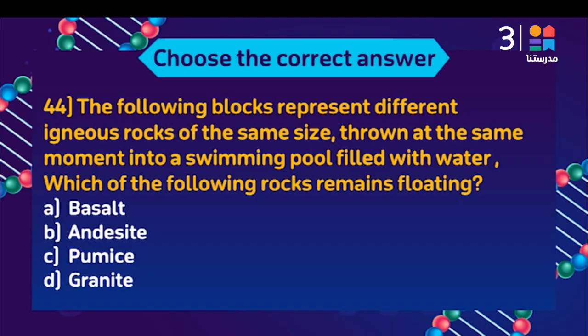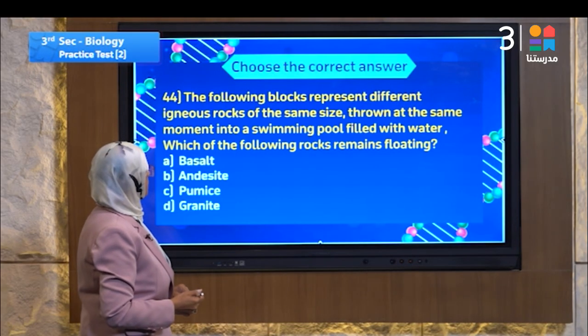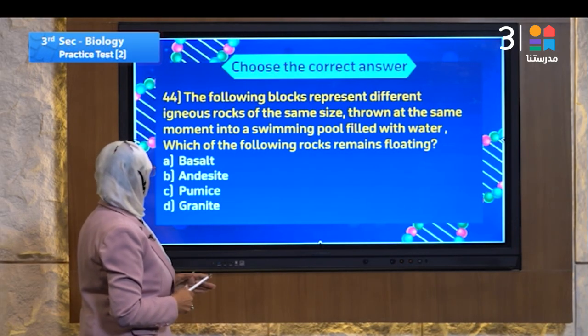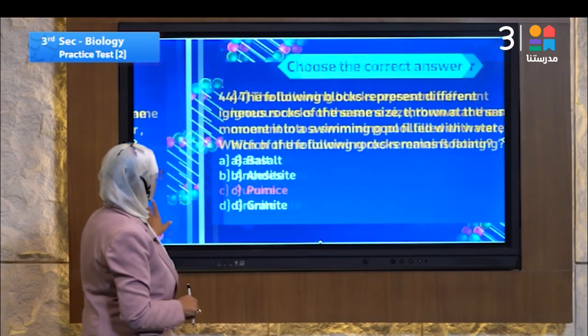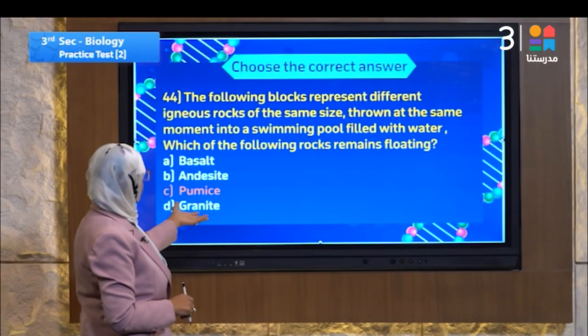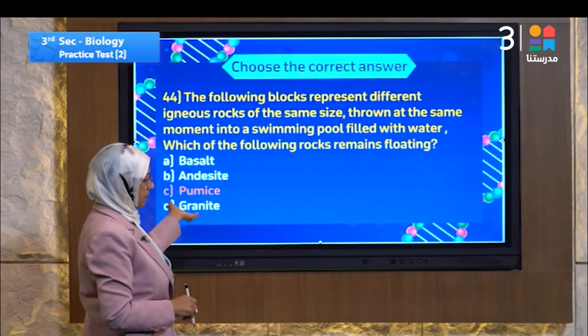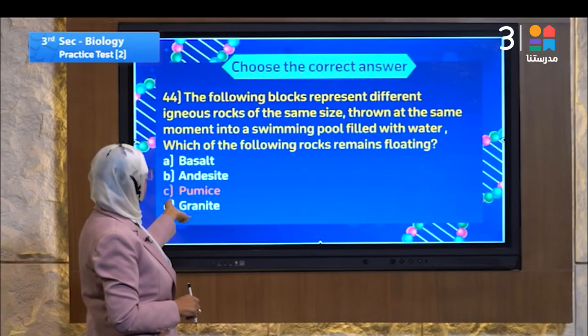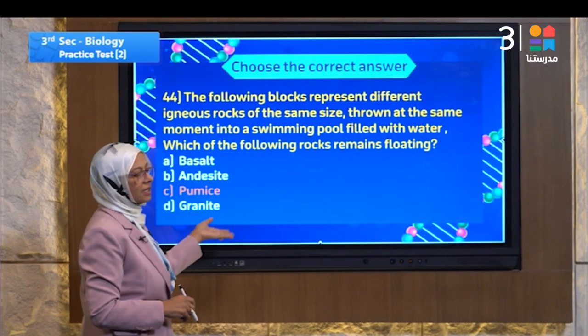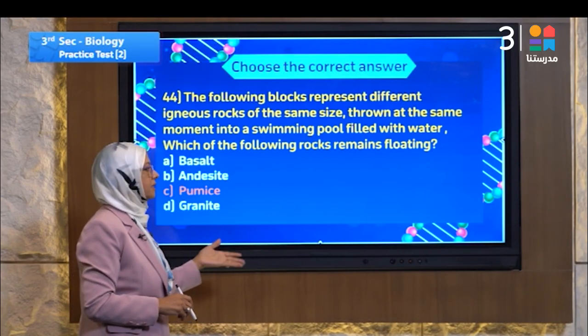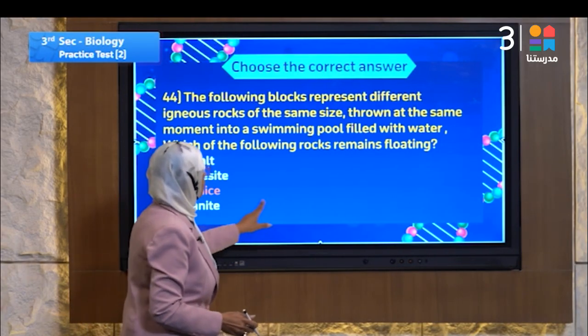The density of water is 1 gram per cubic centimeter. Which of the following rocks remains floating? There are many types: basalt, andesite, pumice, granite. The answer is pumice, because it will float. Floating means its density is less than 1 gram per cubic centimeter, less than the density of water.